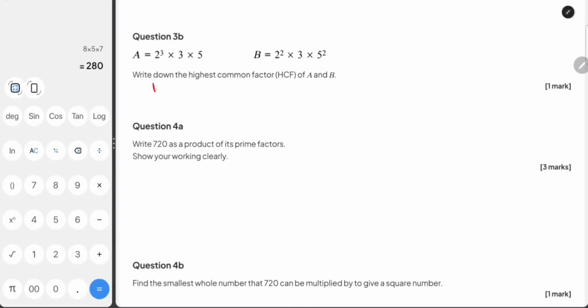Simple thing, in HCF we take the lowest power. So 2's lowest power is 2, 3's lowest power is 1 because both of them have 3 raised to 1, and 5's lowest power is 1 because here it is 5 raised to 1 and here it is 5 raised to 2. So that's 4 into 3 into 5, that's going to be 60.